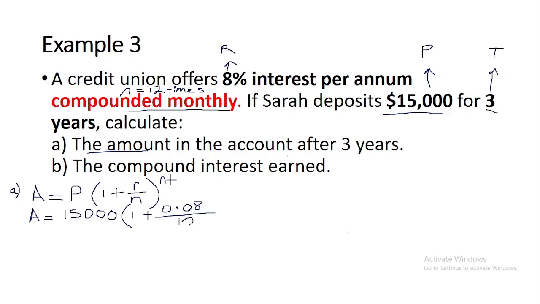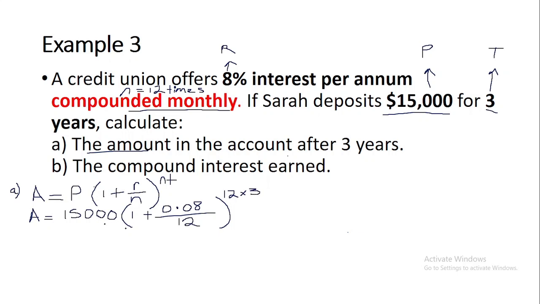Then the power is N again, 12, multiplied by t, which is time, and that is 3 years, so 3.